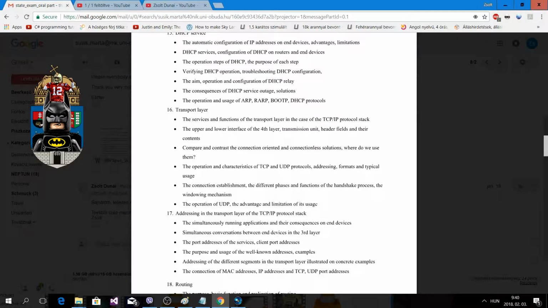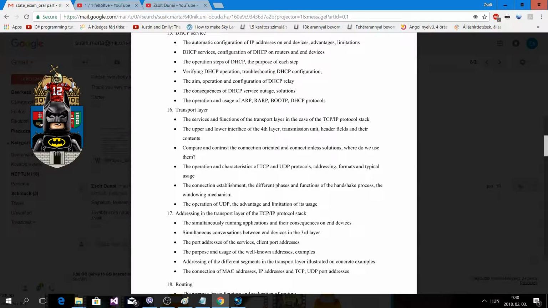Therefore, if there is a data loss, it will be retransmitted. The data should be sent in an ordered way, and it should be reassembled in an ordered way on the other side as well. And it has a flow control or windowing mechanism as well.